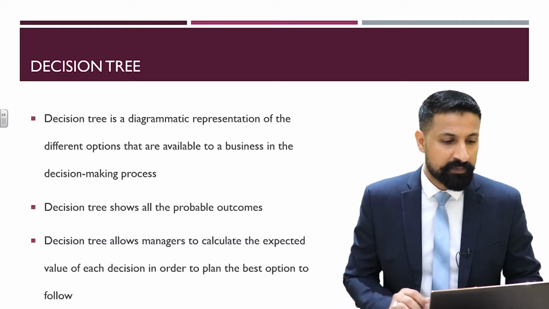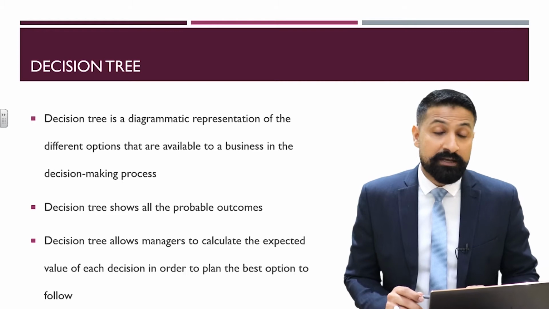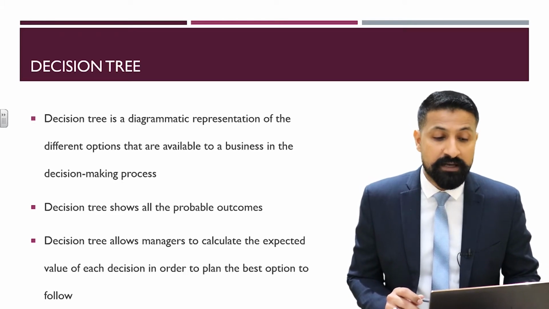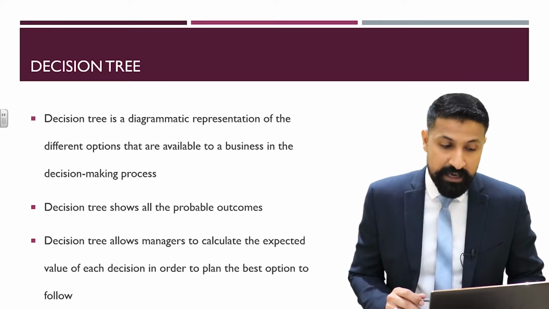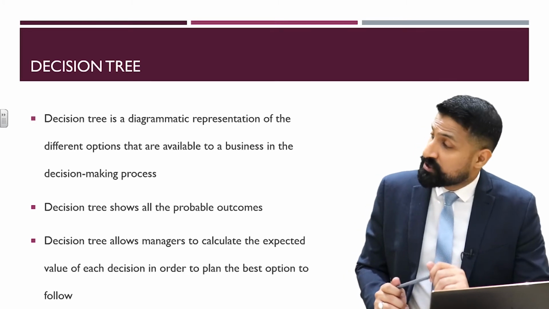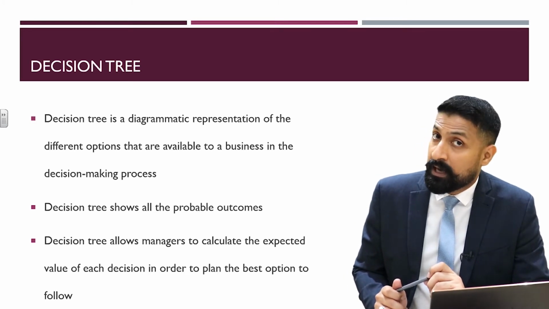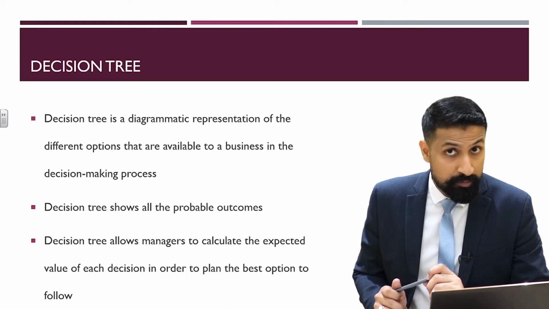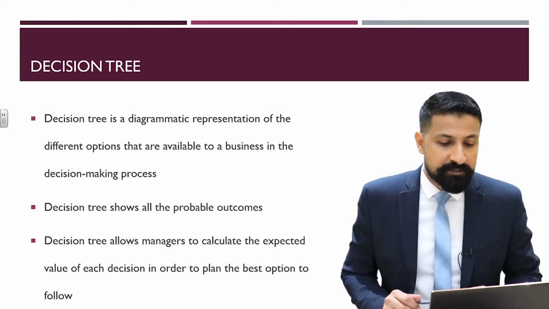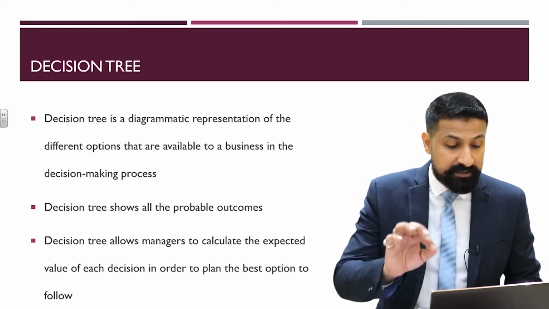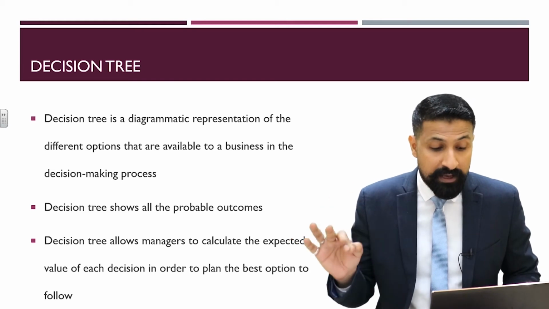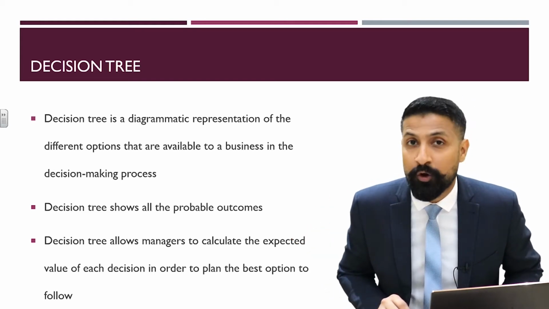Here we go. Decision tree is actually a diagrammatic representation of different options that are available to a business in the decision-making process. Decision tree shows all probable outcomes, expected outcomes. Decision tree allows managers to calculate the expected value of each decision in order to plan the best option to follow.